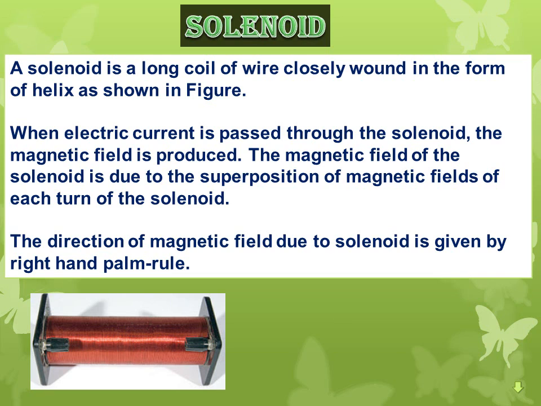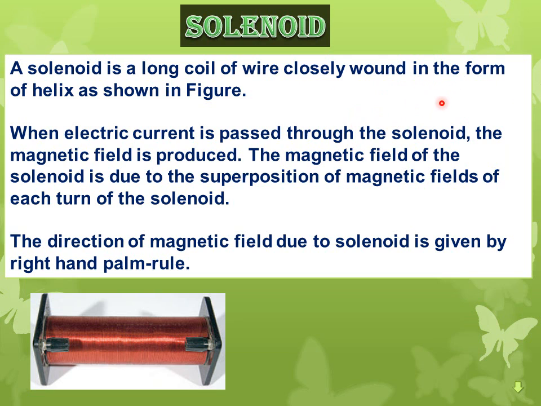But in this solenoid, it is the same shape, but a long coil of wire is closely wound in the form of a helix. You can see all the coils are closely wound in the form of a helix. I have put it on the screen.